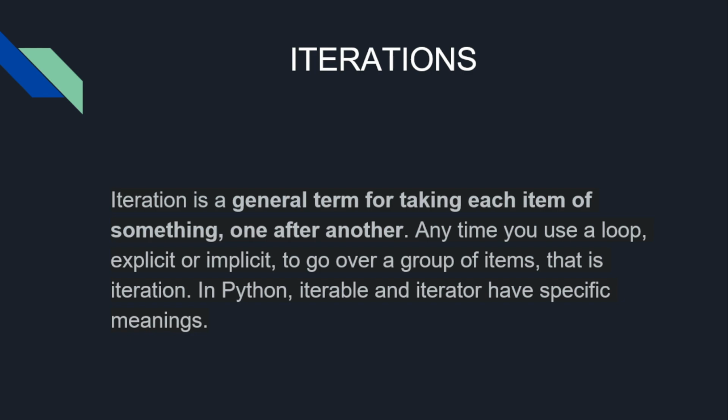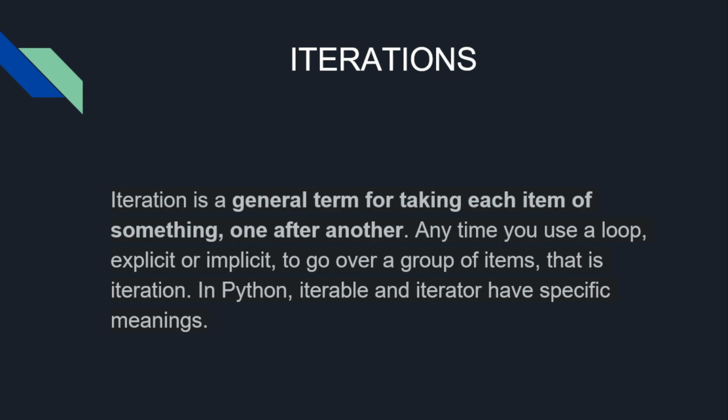Iteration is a general term for taking each item from something, like a function or a variable, one after another, like one, then three, then five, then seven, then nine, then eleven.